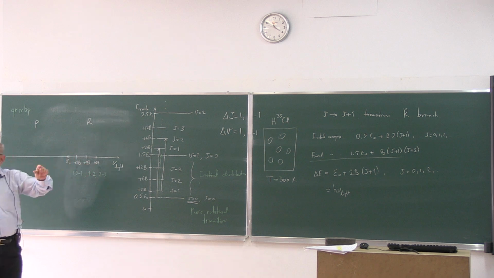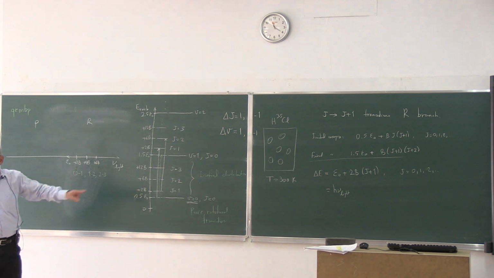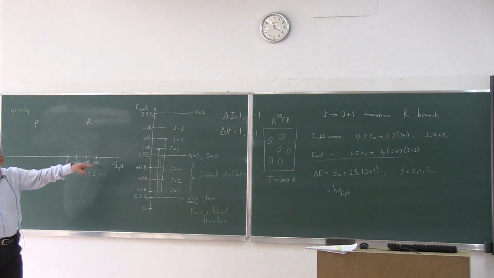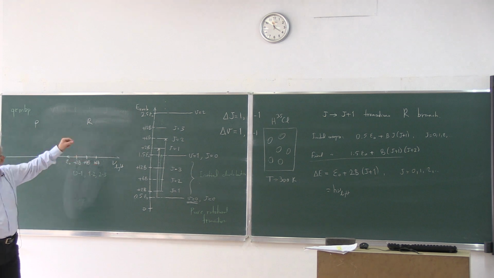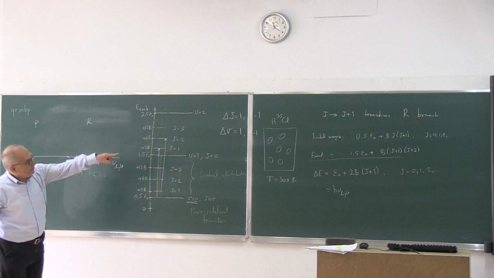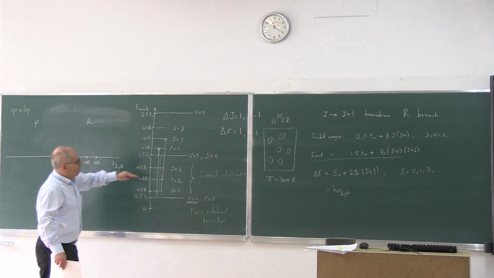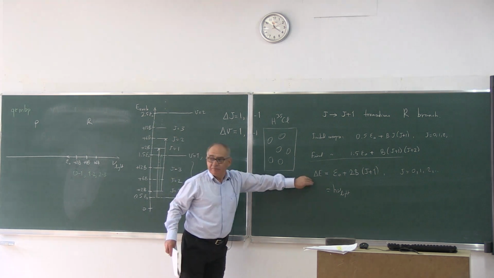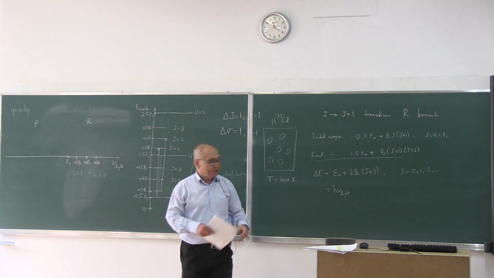Sometimes such diagrams are drawn using wavelength. In that case, it is reversed. So if it is in terms of frequency increasing to the right, then in the same direction, alphabetically, P first, then R. All of these, given by this expression, correspond to R branch.